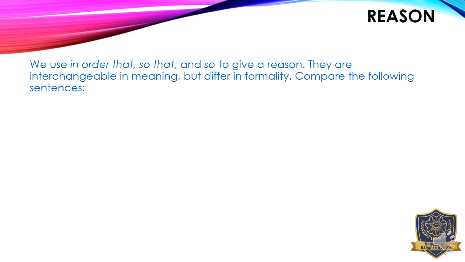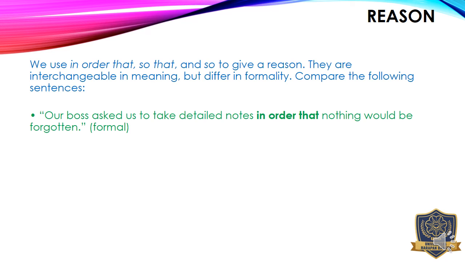Reason. We use in order that, so that, and so to give a reason. They are interchangeable in meaning but differ in formality. Compare the following sentences. Our boss asked us to take detailed notes in order that nothing would be forgotten. It sounds formal.